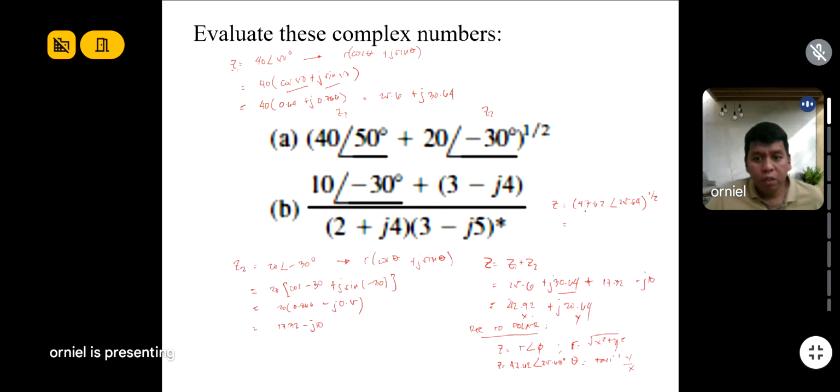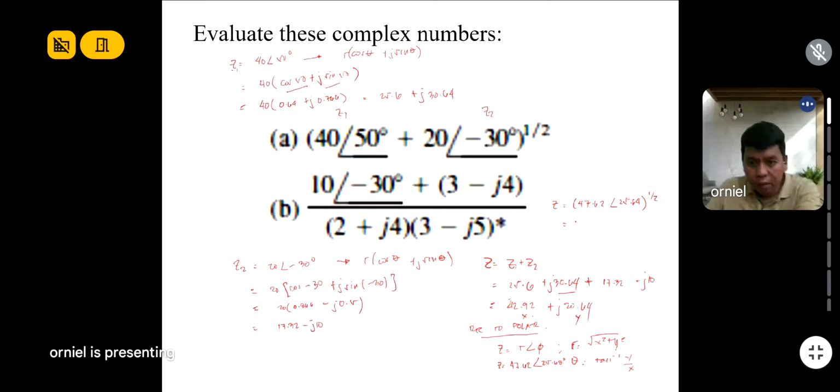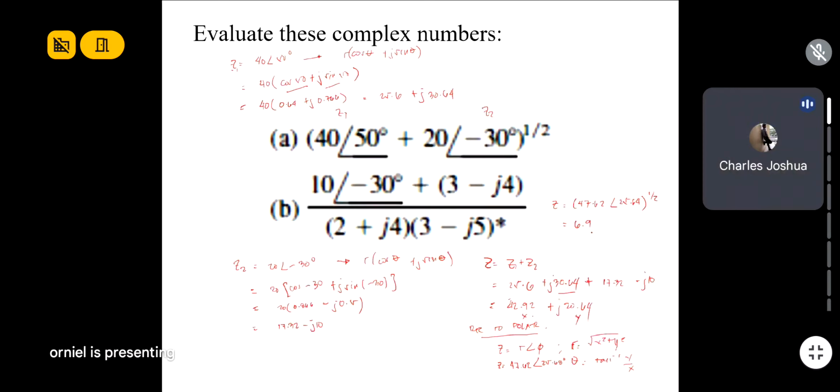What is the square root of 47.62? 6.9, sir. Okay.